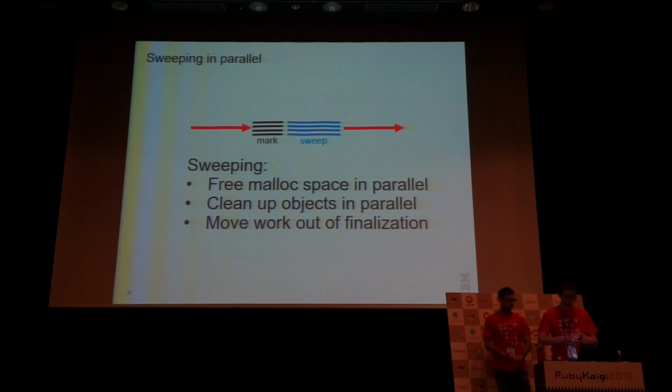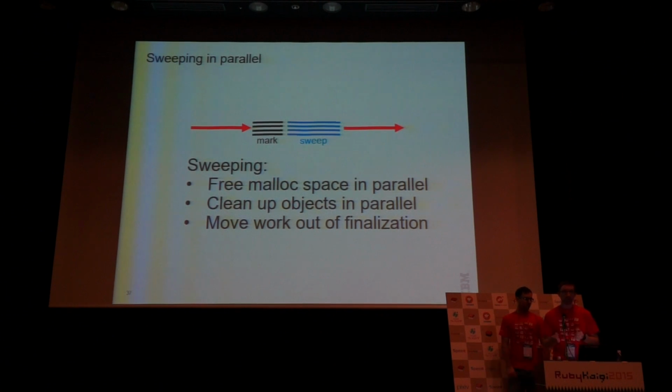All right, so the next step following marking is your sweep phase in GC. Some objects, such as C extension objects, needed to be swept together to protect the C API. However, we were able to sweep simple types like strings and arrays in parallel with each other. Additionally, when you have various objects within Ruby, they may be associated with or referenced from various internal VM data structures.